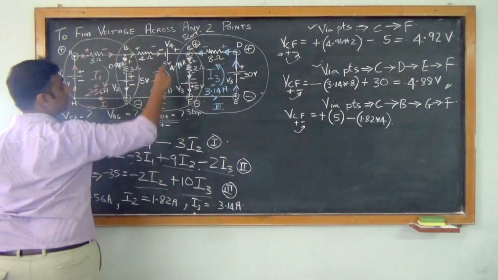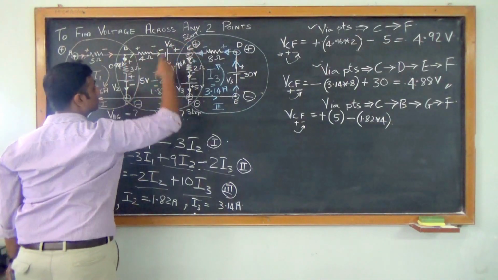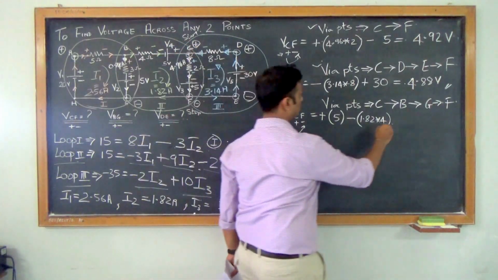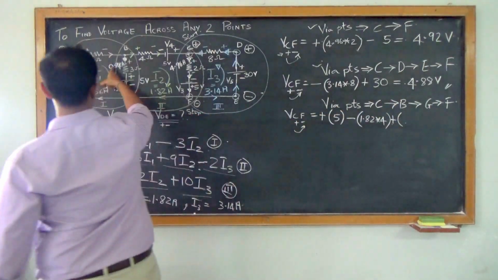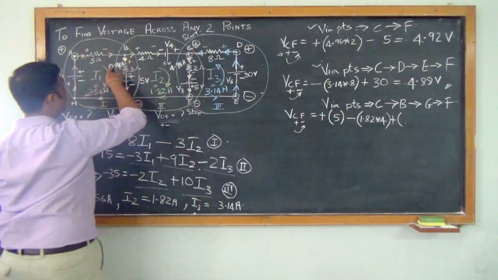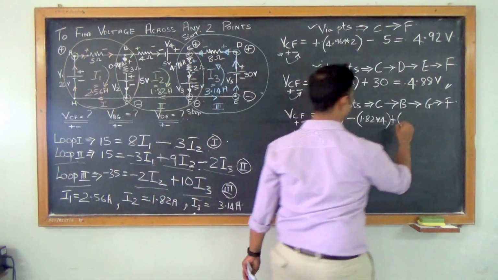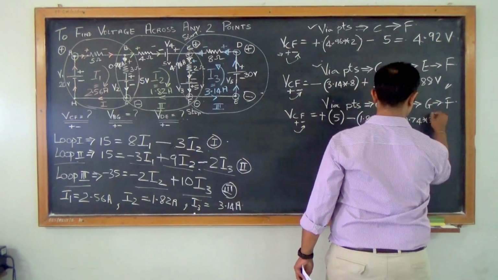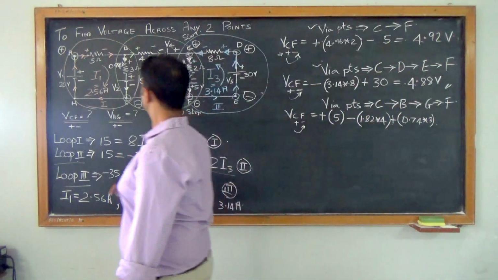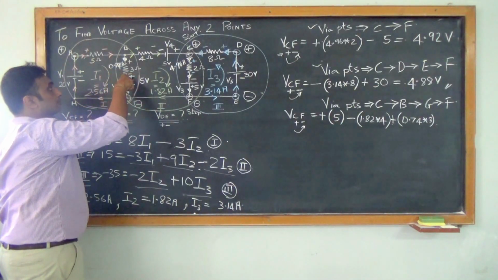Then again, the first terminal of the 3 ohms is positive. Positive into positive, positive. What is the value of current flowing in this resistor? 0.74. So 0.74 into 3. Then after this, the first terminal of the voltage source is positive.